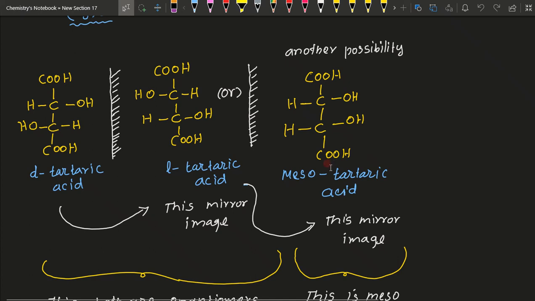This is called meso tartaric acid. This mirror image is this. So these two are enantiomers, and this mirror image is a meso compound. This is called a meso compound.